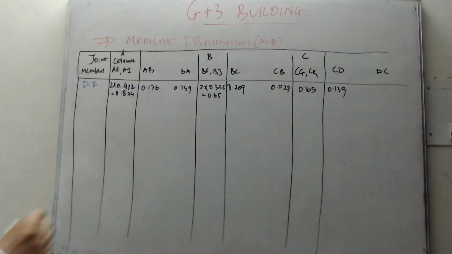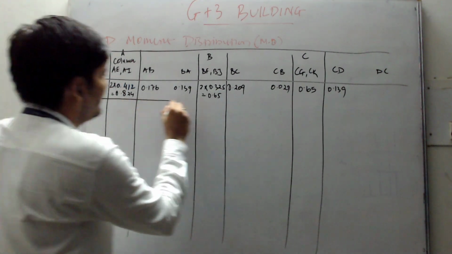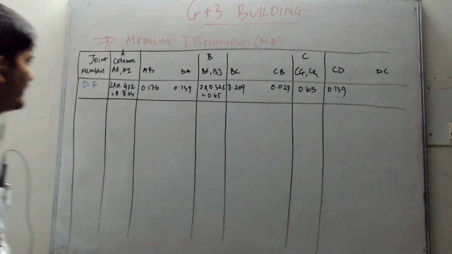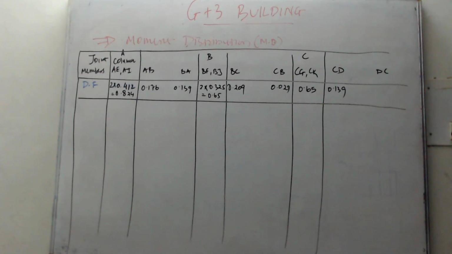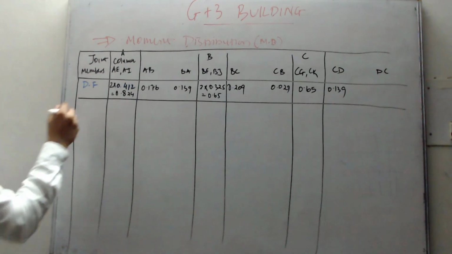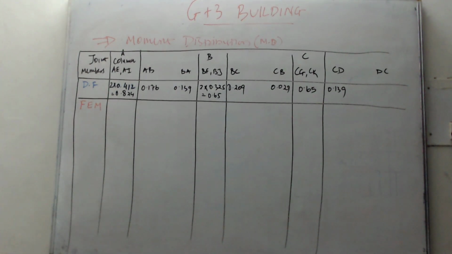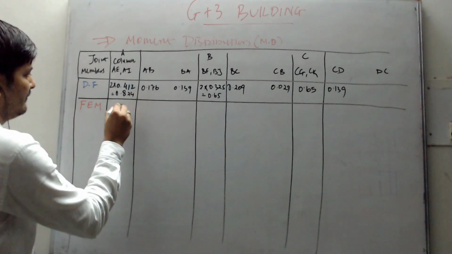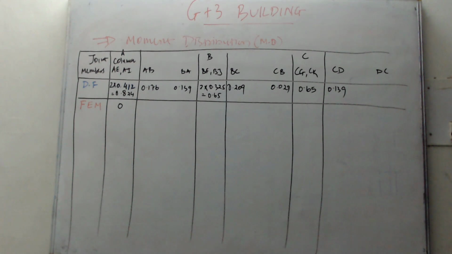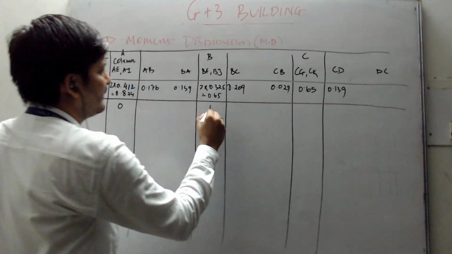So after distribution factor, next is fixed end moments, FEM. So at column points, initially there will be 0 fixed end moments. So let's write down 0 at all these column points.